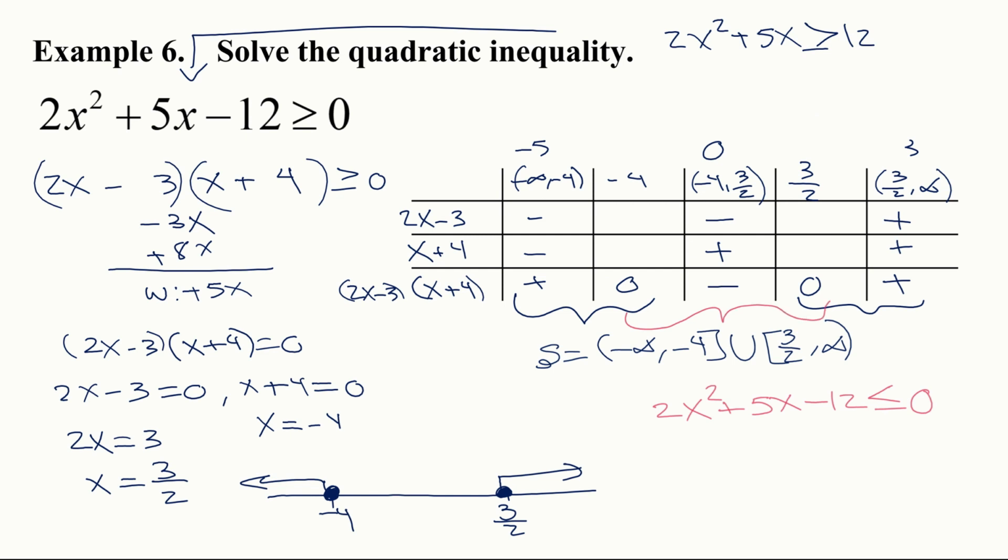So the solution set here is going to change to bracket -4 comma 3/2 bracket. And if you want to do a graph, it's going to be -4, 3/2, closed circle at both endpoints, and then everything in between. Make sure you can handle both of those problems on your own before we proceed.